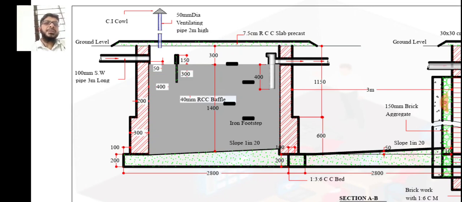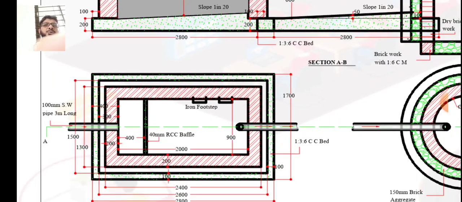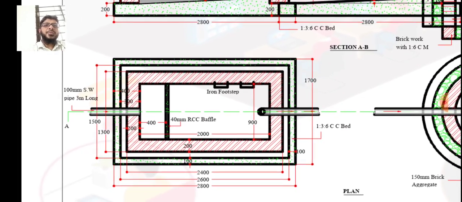Then at top there is a 7.5 centimeter RCC precast slab, where an opening will be there, and to exhaust the gases a 50 mm dia ventilating pipe, which is 2 meter high, is provided, and a CI cowl, a cap, is fitted to that pipe. Now come to the plan of the septic tank.